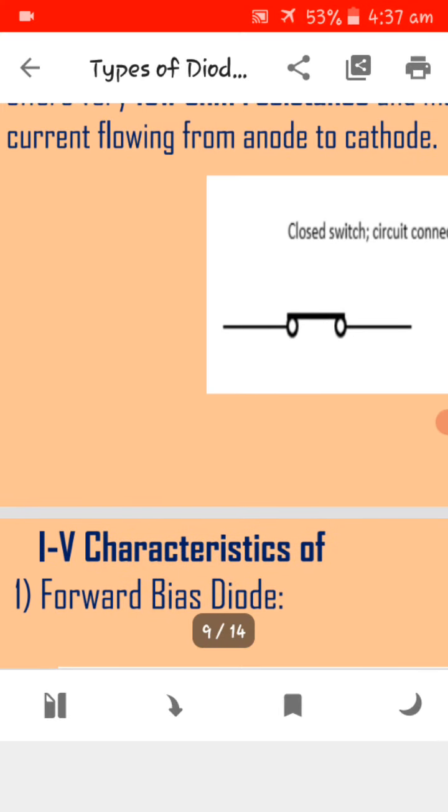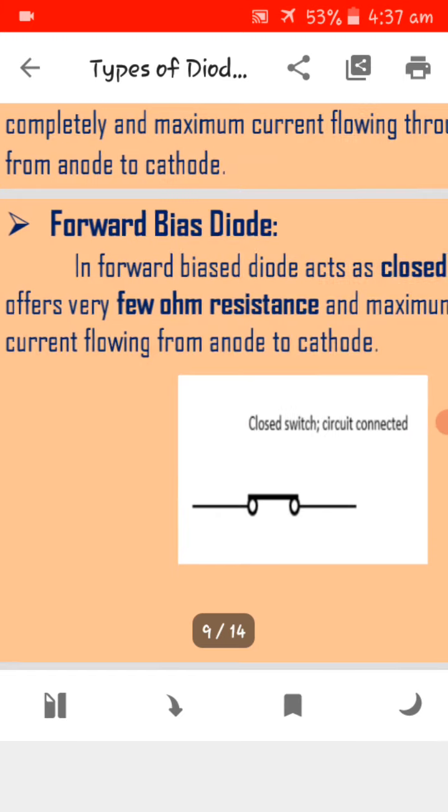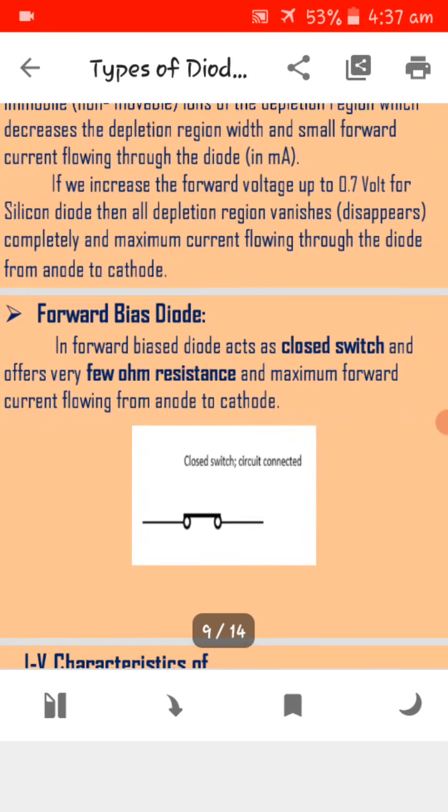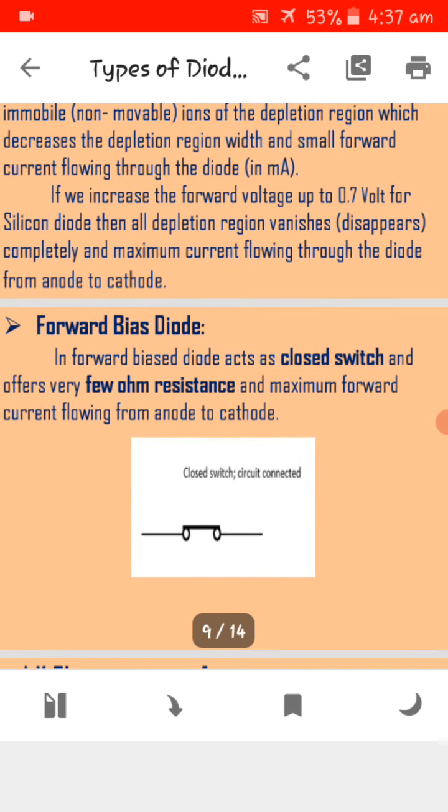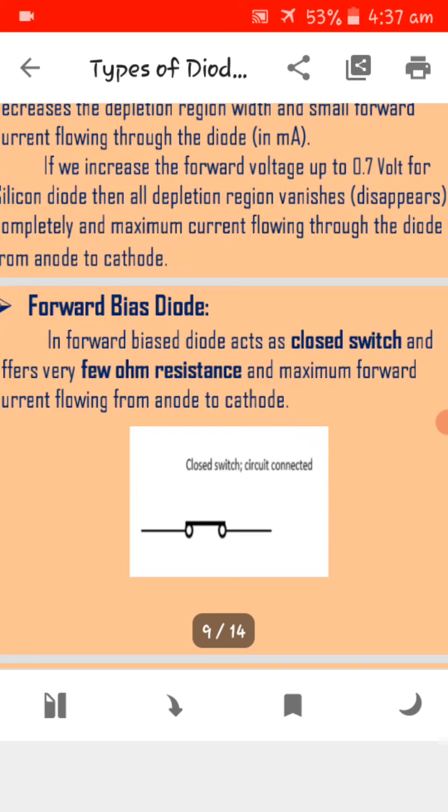Similarly, we have the reverse bias mode. Before that we study some characteristics. In forward bias mode, the diode acts as a closed switch. A closed switch means a switch that is on. When the switch is on, maximum current flows from one terminal to the other.